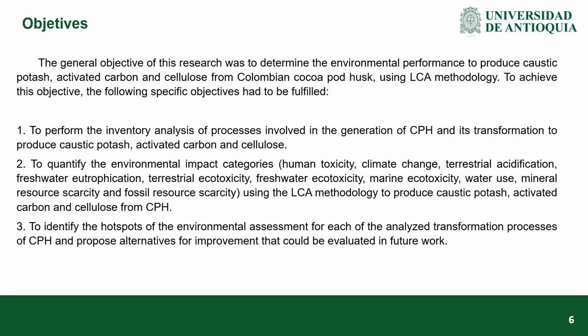Second, to quantify the environmental impact categories using the LCA methodology to produce caustic potash, activated carbon, and cellulose from CPH. And finally, to identify the hotspots of the environmental assessment for each of the analyzed transformation processes of CPH and propose alternatives for improvement that could be evaluated in future works.